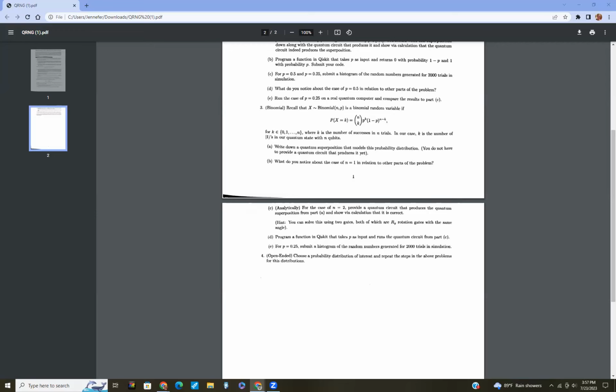I was thinking of gates that apply arbitrary superpositions, such as pretty much Hadamard gates and RY rotation gates. Because Hadamard has a fixed superposition, a fixed amplitude, essentially I'm trying to find a probability distribution of interest that an RY rotation gate makes a lot more simple to apply, essentially. So that's what I was at least thinking.